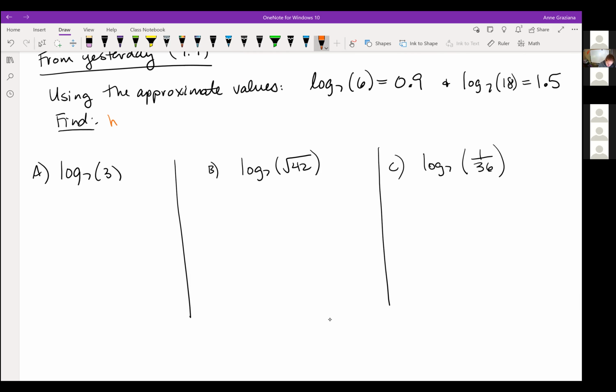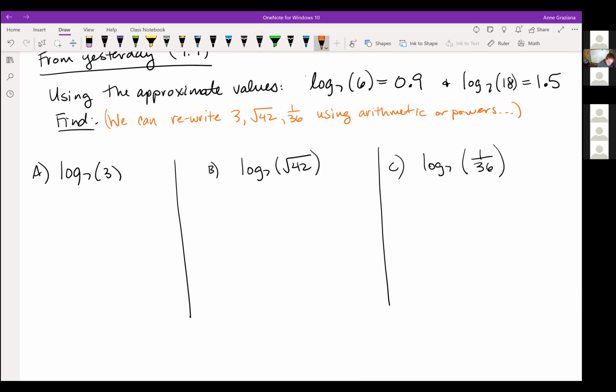So we can rewrite 3, square root of 42, 1 over 36, using arithmetic or powers, but we cannot change them.